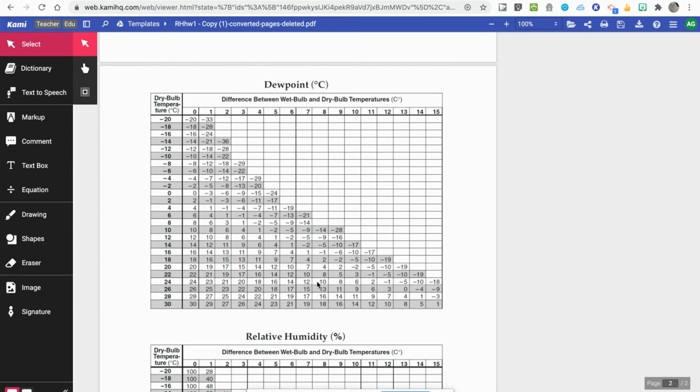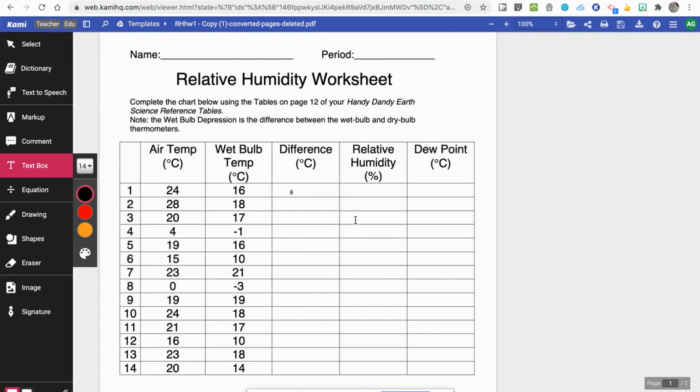And so I'm going to see my number there is going to be 10. So I go down to my air temperature, or my dry bulb temperature, which was 24. I'm going to go over to the difference, which was 8. And so that is going to be 10. So that is going to be my dew point.